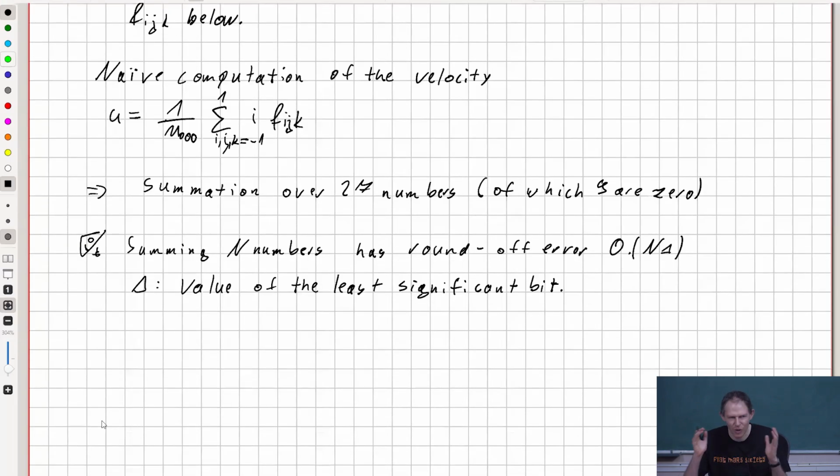There are much more accurate ways to do this, which can be pretty expensive. Maybe you've heard about the Kahan algorithm. The Kahan algorithm is actually a more accurate way of building a sum, but it requires additional bookkeeping information.